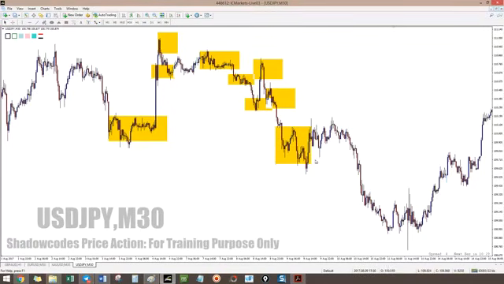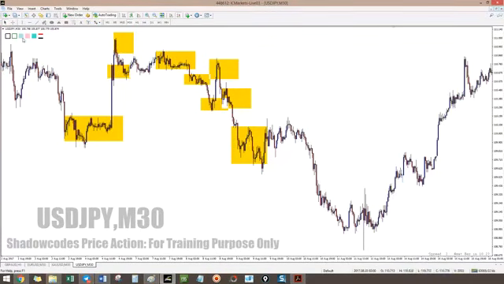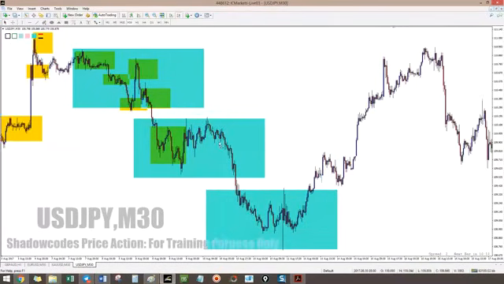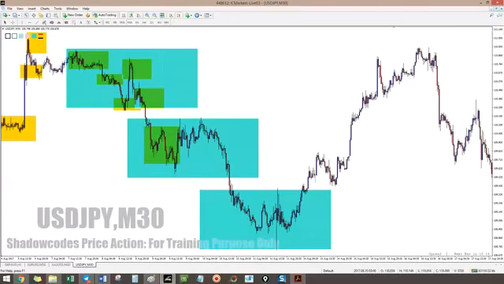So you have something like this on a bigger picture, and on a bigger scale you have something like this, like this. On a smaller scale inside here, you will have something like this: a 1, a 2, over here also a 2, a 3.